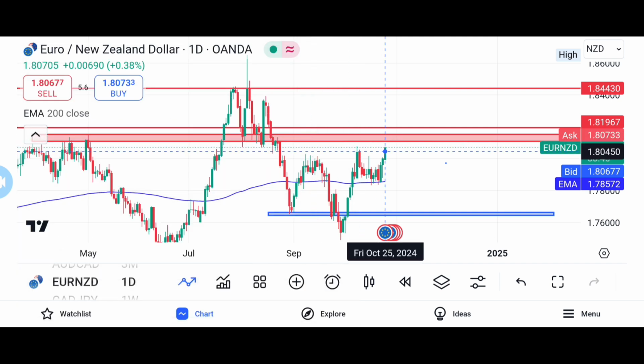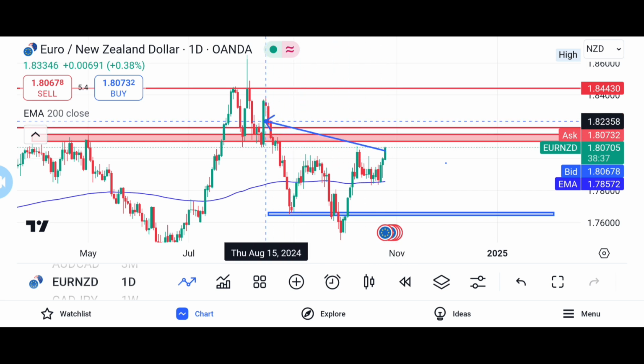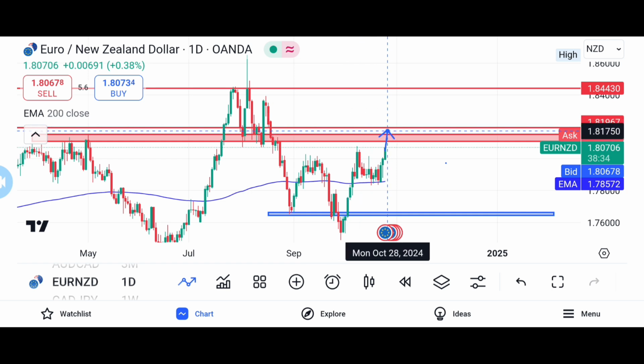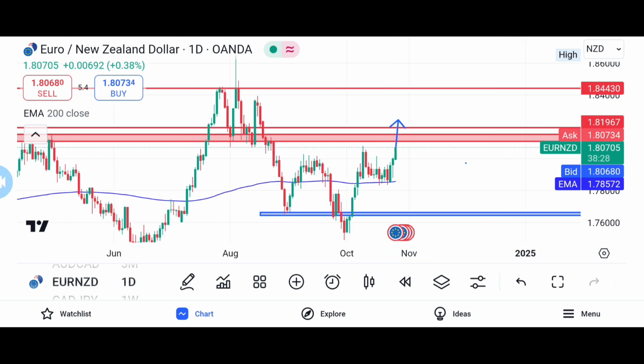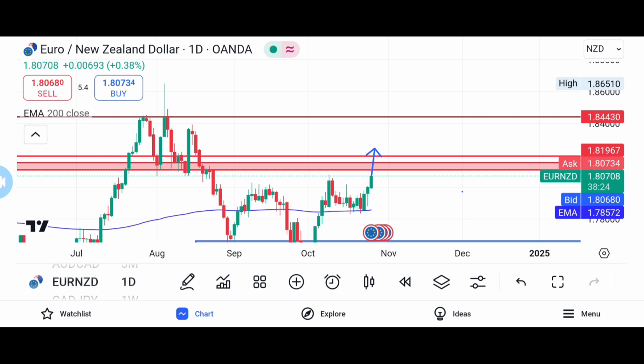If buyers break this zone with a bullish candle, that is the green candle like this one, and close above this zone, then we shall forget that plan and focus on another pair.